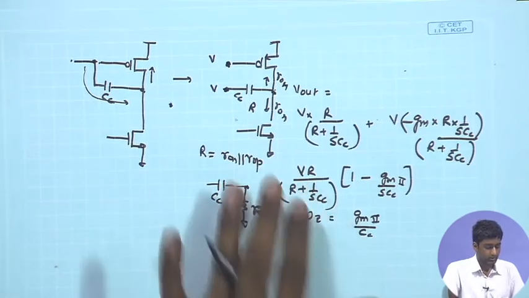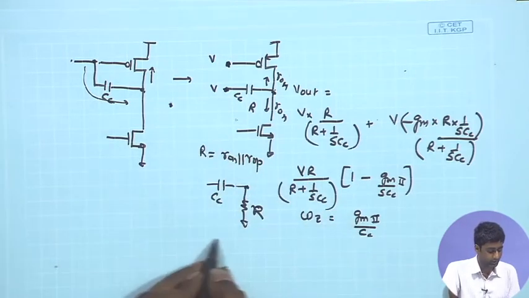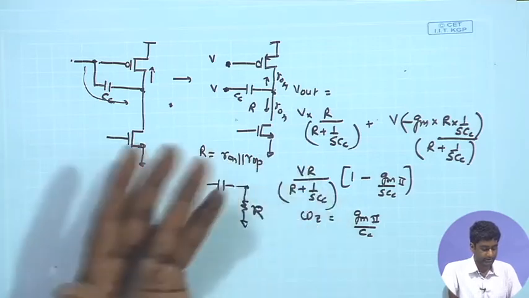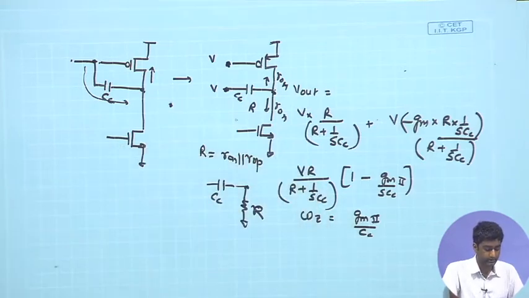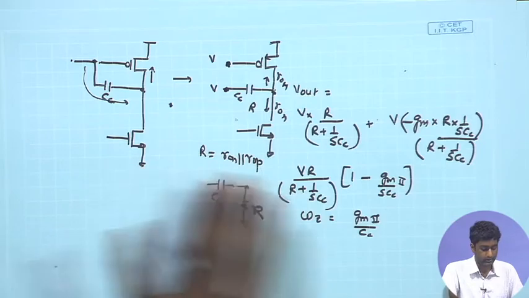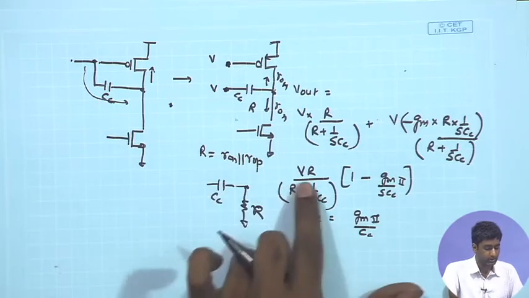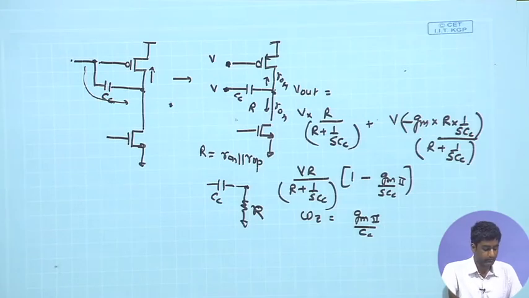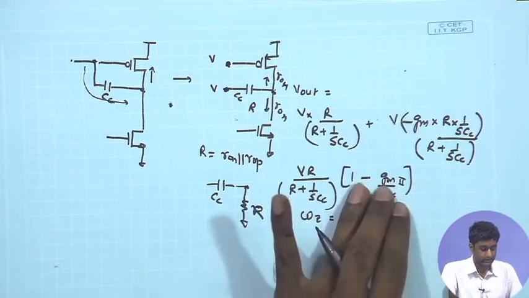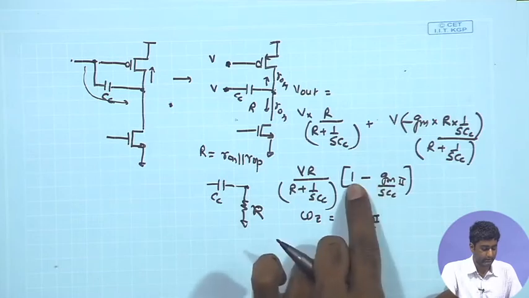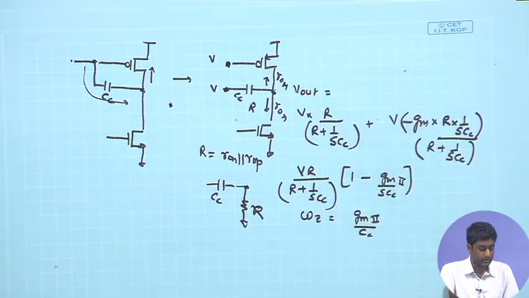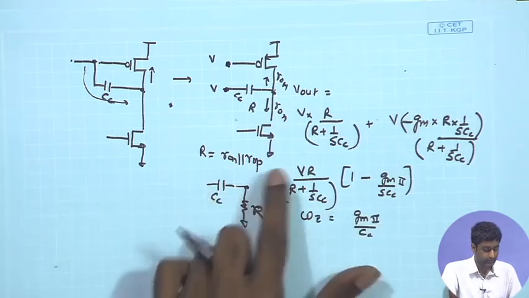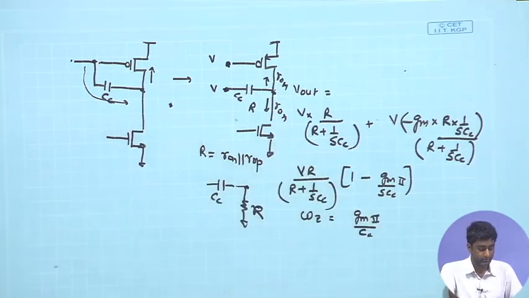Now, if I look at the overall response, I have the first stage which is giving us an inverting gain. So, from there we have inverting gain coming into picture, and an overall 180 degree phase shift coming from there, and we have this second stage once again giving us a 0 term coming over here. So, if I incorporate the gain of the first stage, I already have a 180 degree phase shift because of the first stage, and then we have a second term over here.